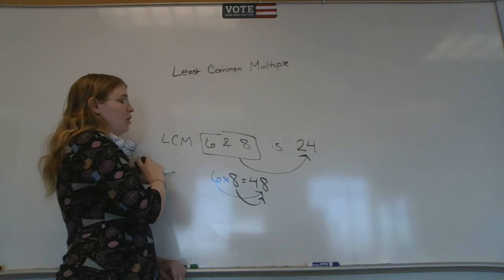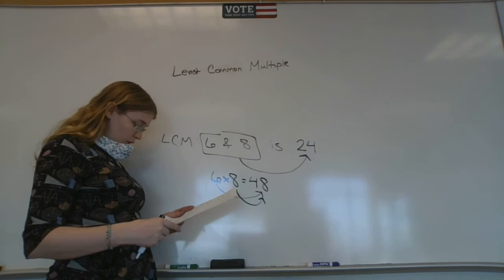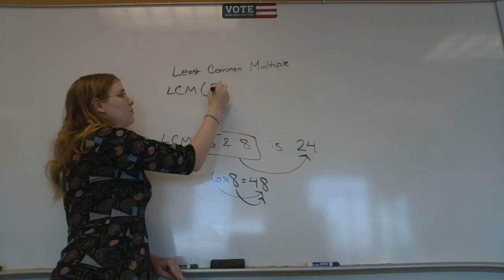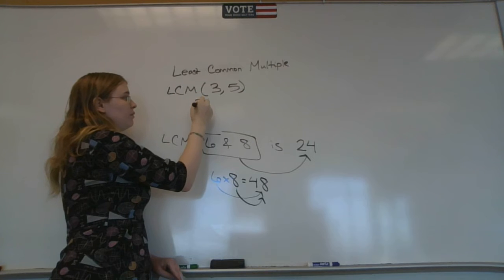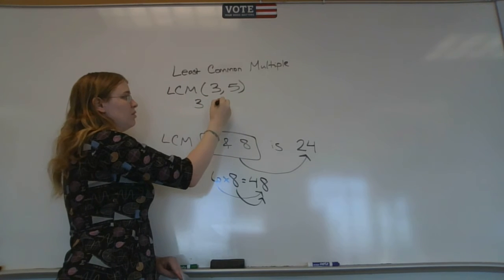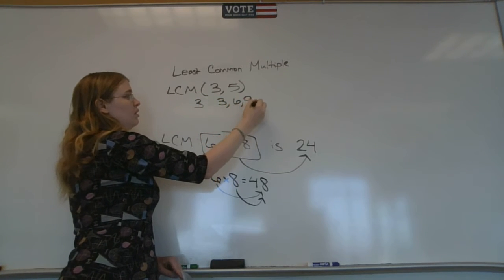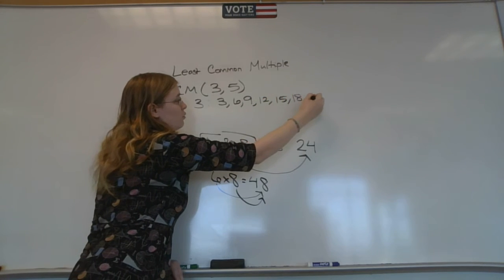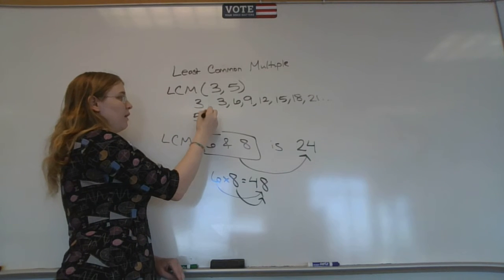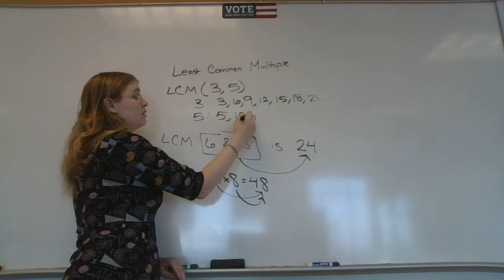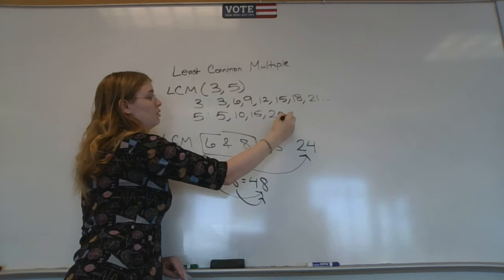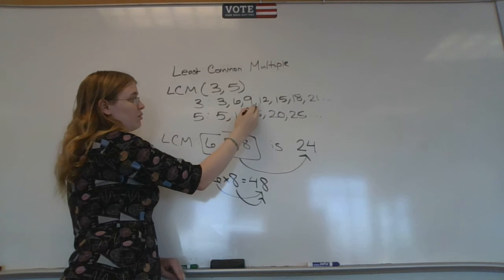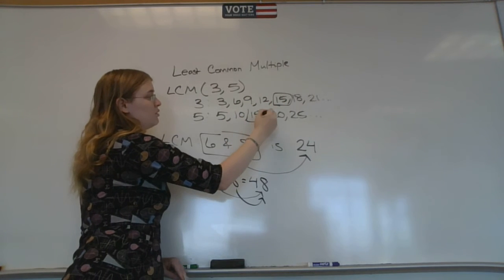Okay? So for example, if you wanted to find LCM, least common multiple, of 3 and 5, multiples of 3 are 3, 6, 9, 12, 15, 18, 21, etc. Multiples of 5: 5, 10, 15, 20, 25, etc. The first number that appears on both lists is 15.